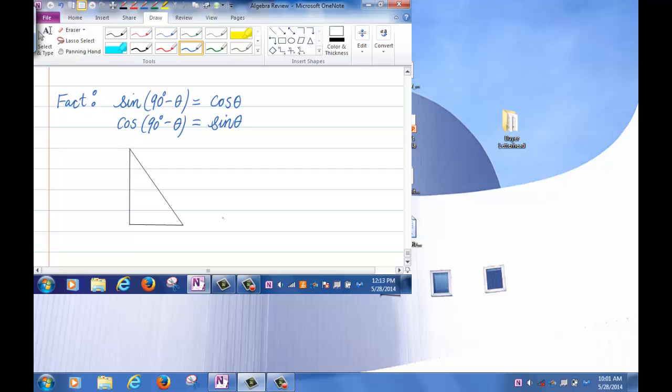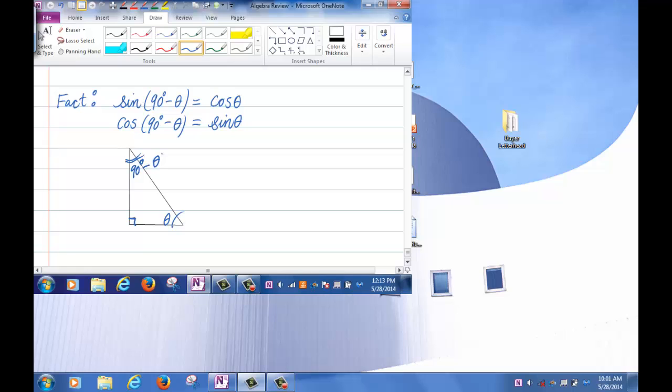Let's say this angle here is theta. Then what is the measure of this angle? That's 90 minus theta, right? So this angle would be 90 degrees minus theta. Is everybody okay with that?